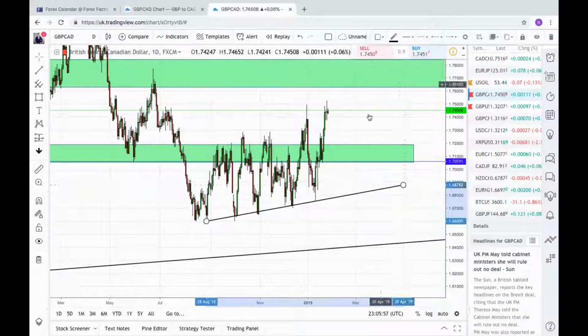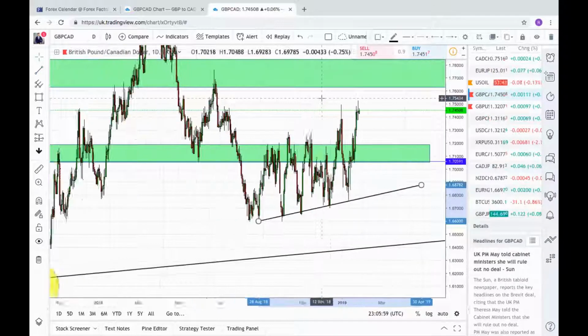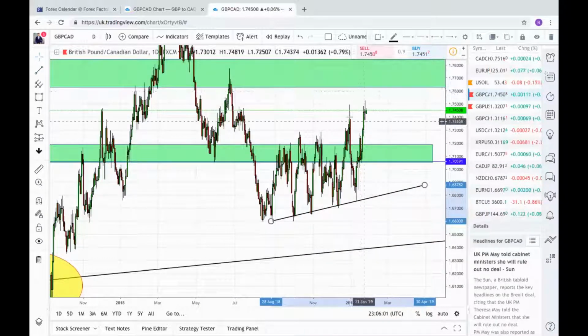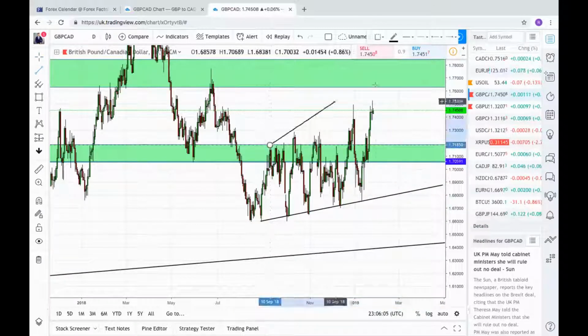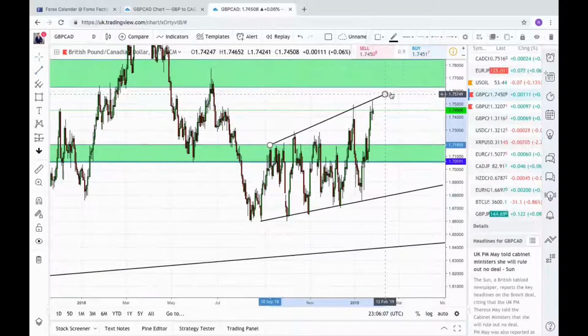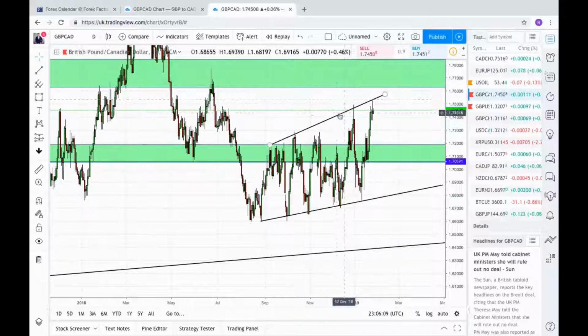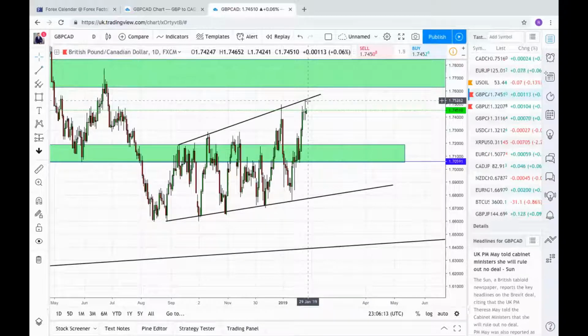If price respects this trend, or this other channel I can see potentially up here, we have resistance again in the form of a very rough channel, which it seems to be respecting for many days now. In fact, we've left a few wicks, so it'll be interesting to see where this one goes.